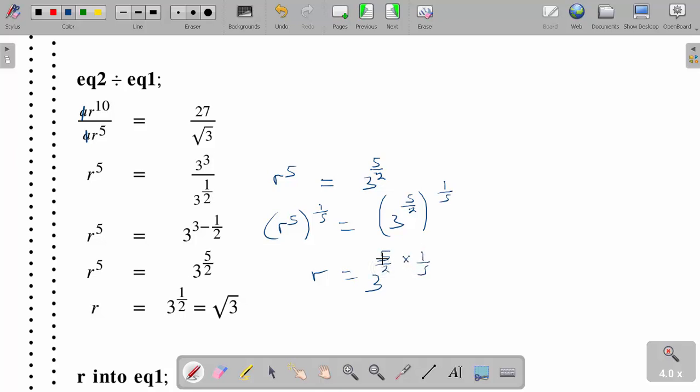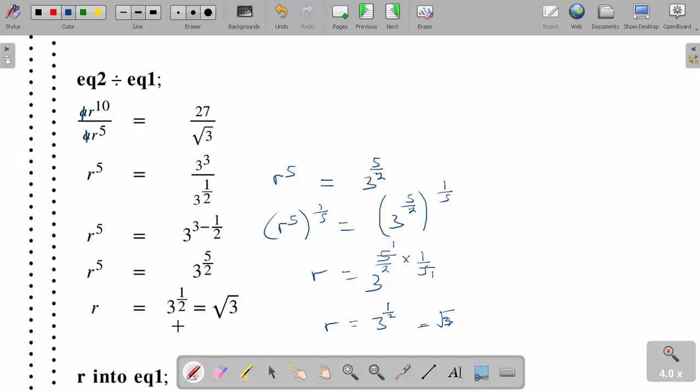If I cancel by 5 here, I get 1, and by 5 here, I get 1. So I'm left with r equals 3 power half. 3 power half is the same as root 3. So that's my r. My r is root 3.